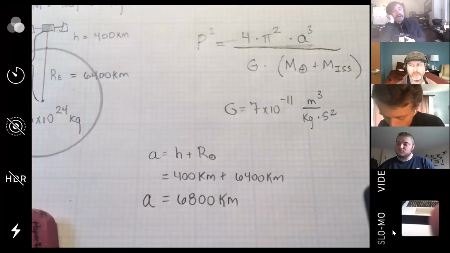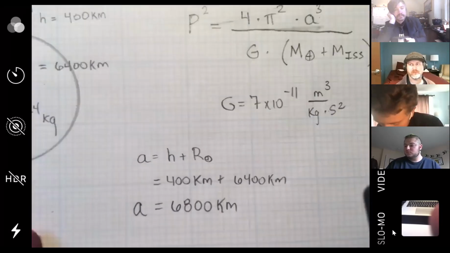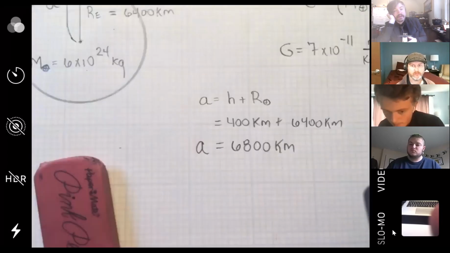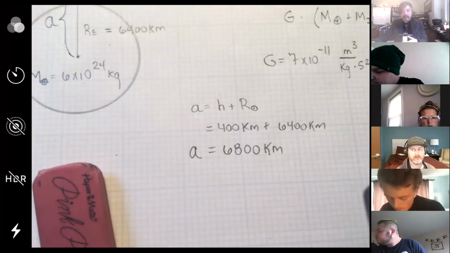What units does A require in this formula? Meters. So we'll have to deal with that, right? Okay, Joel, I guess you're talking with me. You want to help me work that out?